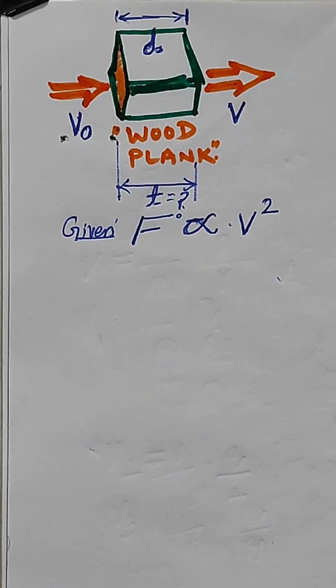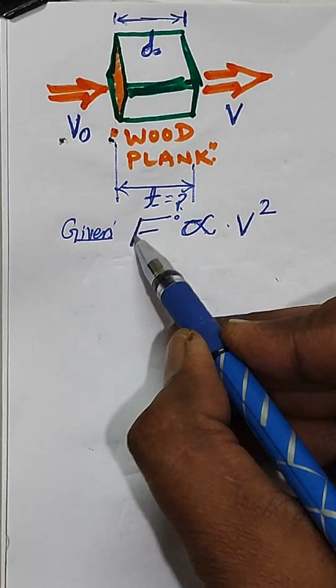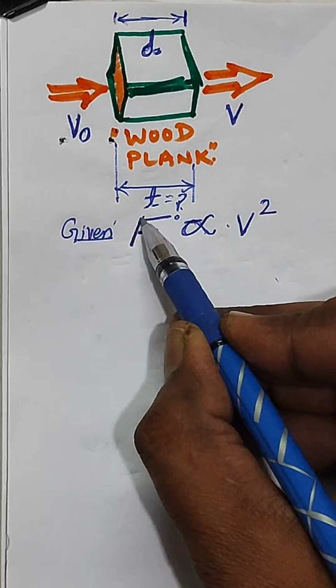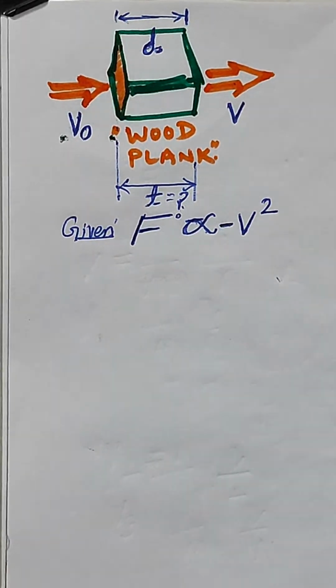Now if you replace the proportionality constant, and since it's a resistance, this force is giving some resistance, so a negative sign will be there, right?